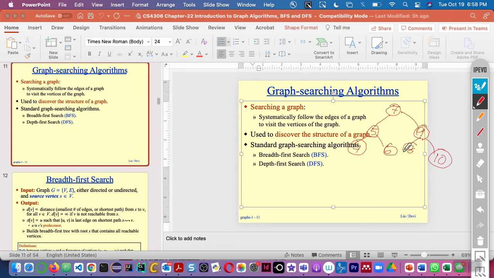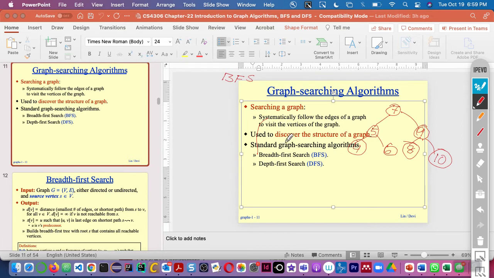It's a simple BST, and we know that a tree has a root, so this is the root, right? So how do we do a BST with breadth first search?